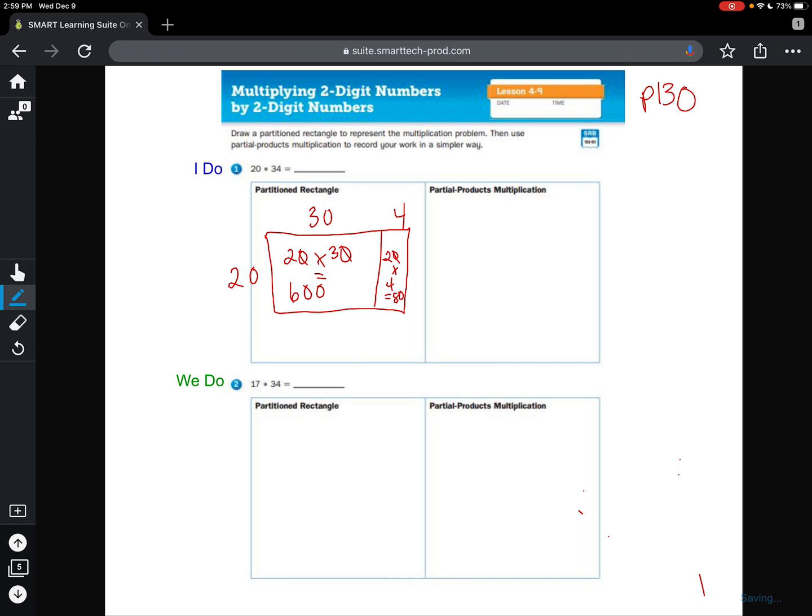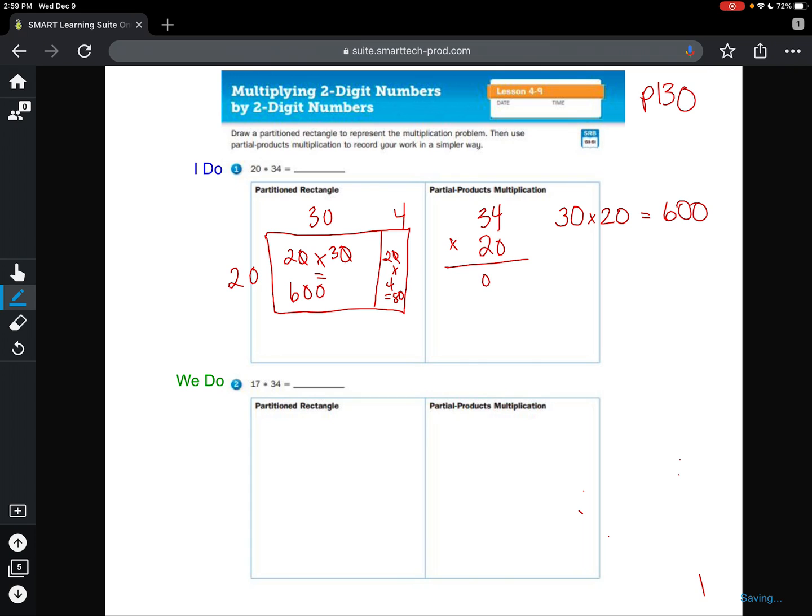So when I do this, I'm going to set it up with 34 at the top times 20. I need to start in my tens place and do my multiplication. So I'm going to write my thinking out to the side. So I have my 3 is in my tens place, so it's worth 30 times 20 because my 2 is in the tens place.